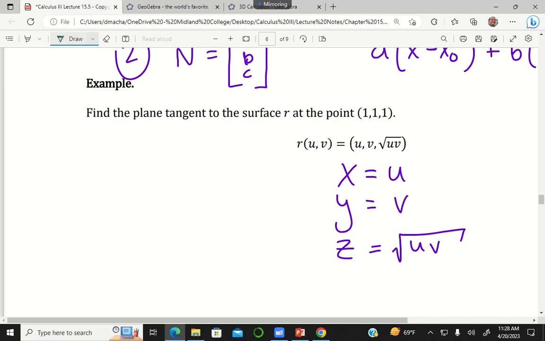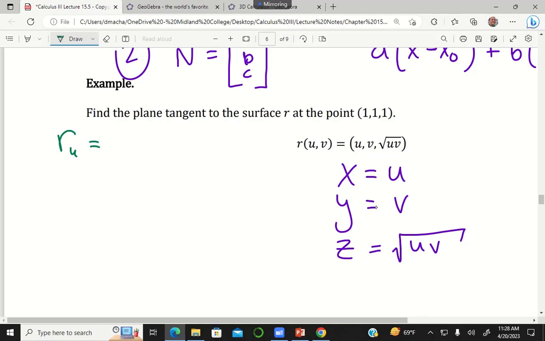So step number 1, if we want to find a plane tangent to the surface, I'm going to start by finding a normal vector. To find the normal vector, first I'm going to find the vector where I take the partial derivative of r with respect to u.